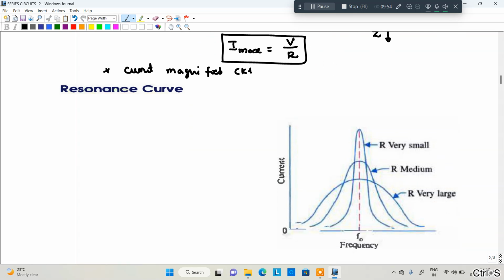Next we are moving to the resonance curve. Look here, the curve between frequency versus current. Now the resonance curve for different resistances.